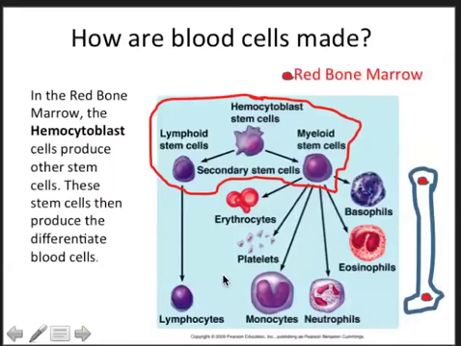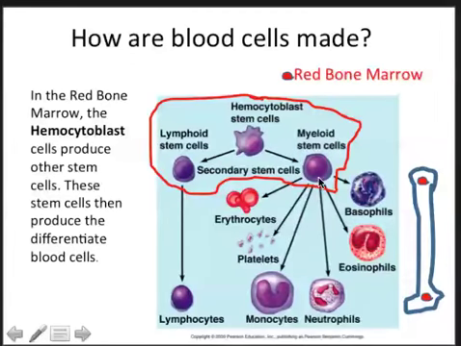Now, how is it that blood cells are made? Well, in the red bone marrow, the hemocytoblasts produce other stem cells, which then produce other lineages that eventually generate all the lymphocytes and then all the rest of the formed elements.